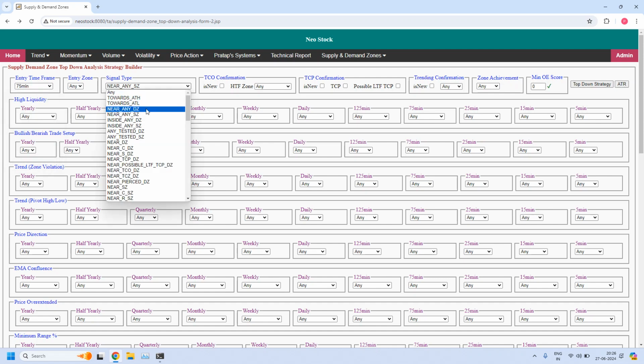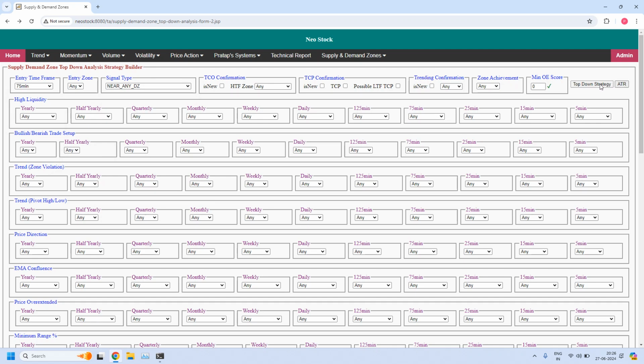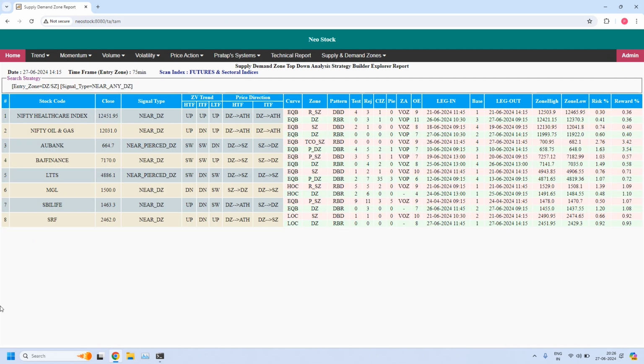Let us find the stocks near 75 minutes demand zone. 8 stocks are filtered. Let us check high liquidity demand zones from 75 minutes time frame. Now we don't have any high liquidity demand zones from 75 minutes time frame.